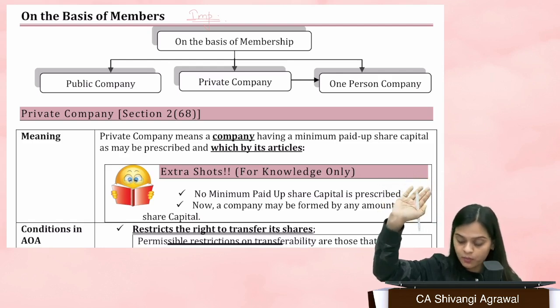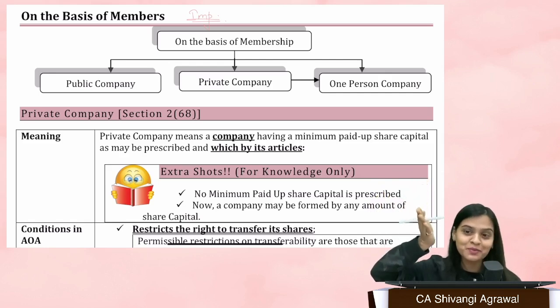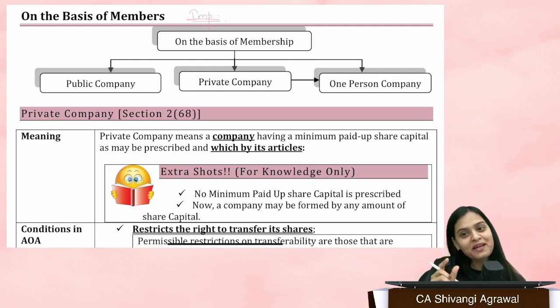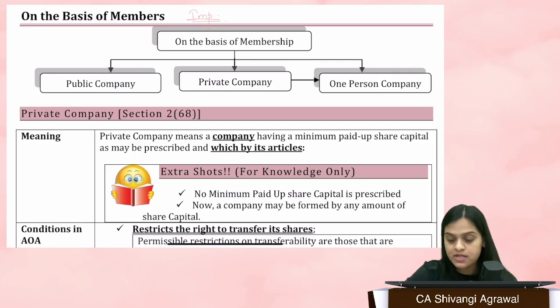So first we'll start with private company, which is a huge definition. Then public company, very small, and then OPC, there is nothing much, but then you need to know a lot about OPC. So we'll see that one by one. Fine. So we are starting with, what do we mean by a private company?